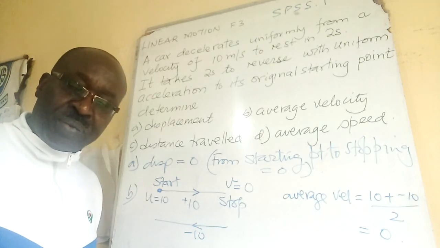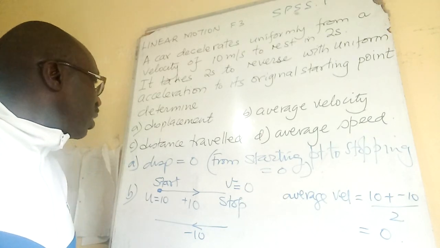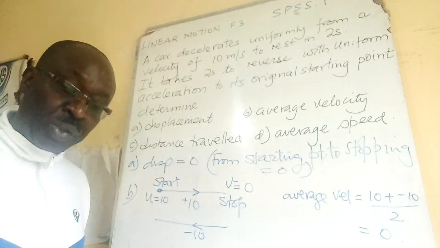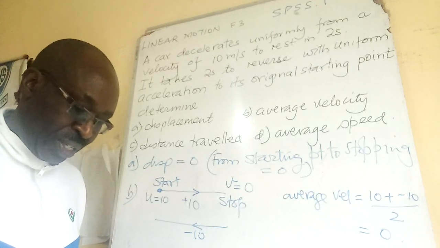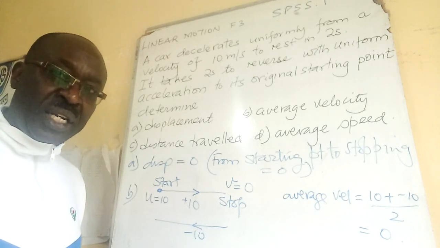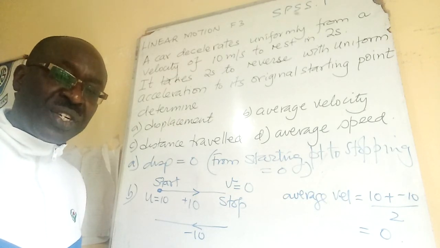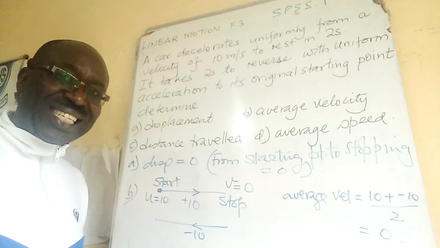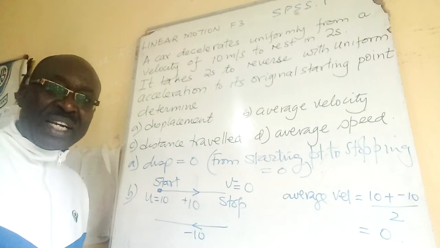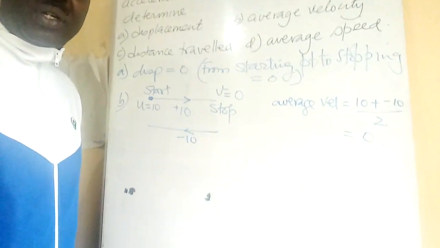That is what I would put for average velocity. The sign tells you there was a reverse in straight line motion. Okay? Right. Can we focus down a bit?